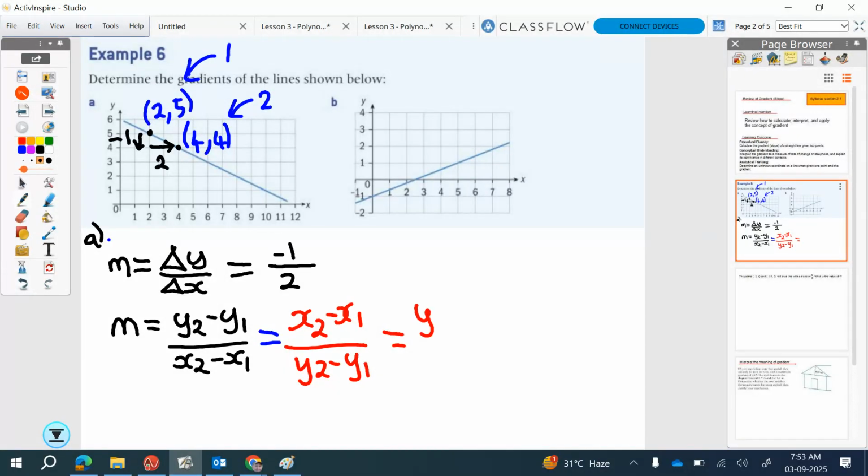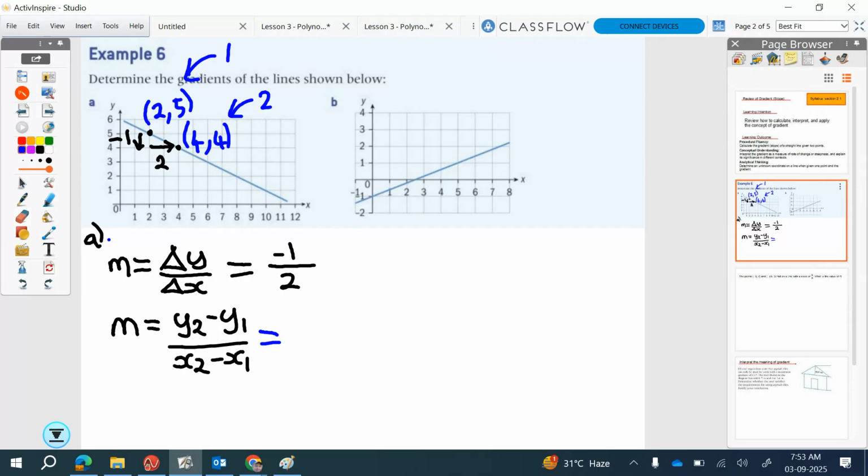Another common one would be to have y2 minus y1, but on the bottom have x1 minus y2. Usually students make both values positive, or exchange one of these completely, messing it up horrifically. So a bit of practice on this and figuring out where you make mistakes helps reduce the errors you're making.